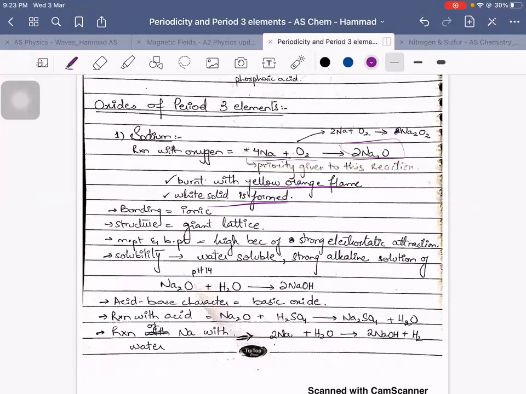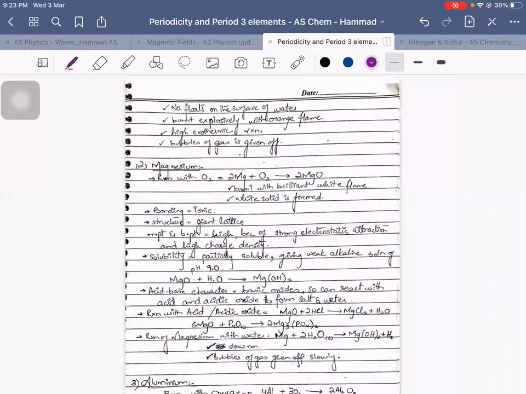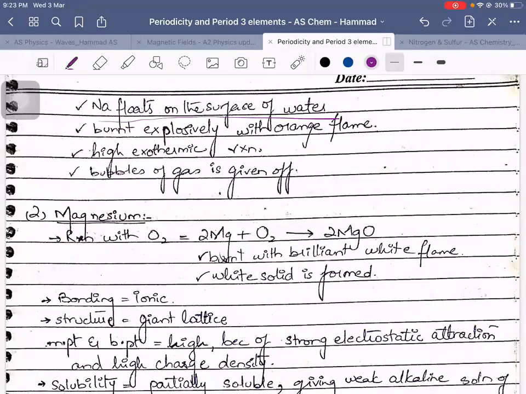Please understand that metallic oxides are basic oxides. Since this was an ionic bonding, there is a giant lattice involved. It's a basic oxide, it will react with an acid. Na being a group 1 metal floats on water and burns explosively with orange flame, and it is highly exothermic.